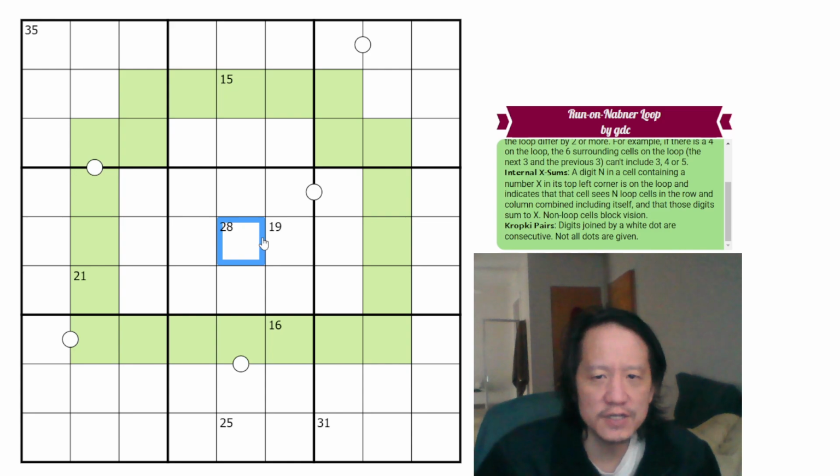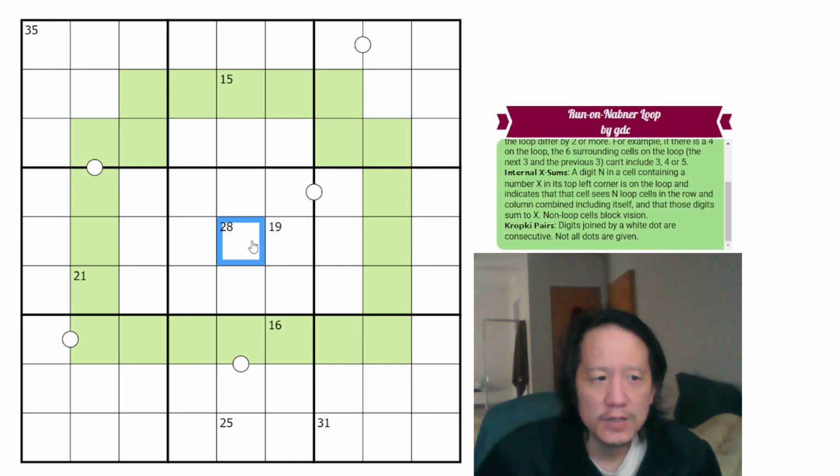And the digit in that cell indicates that the cell sees n loop cells in the row and column combined, including itself, and that those digits sum to x. Non-loop cells block vision.